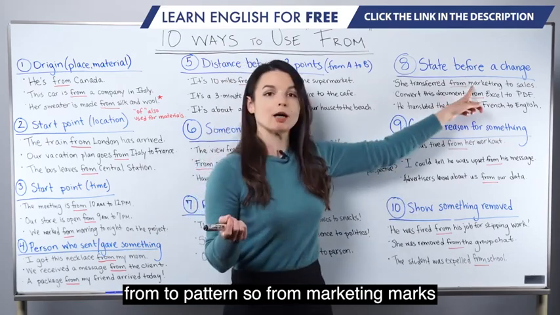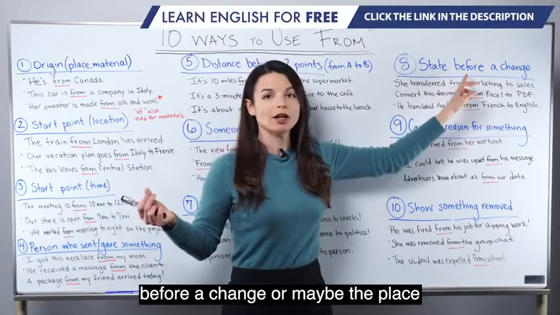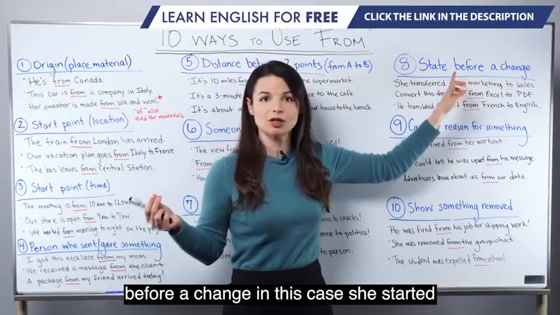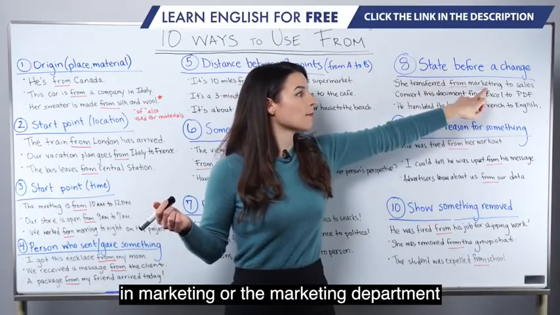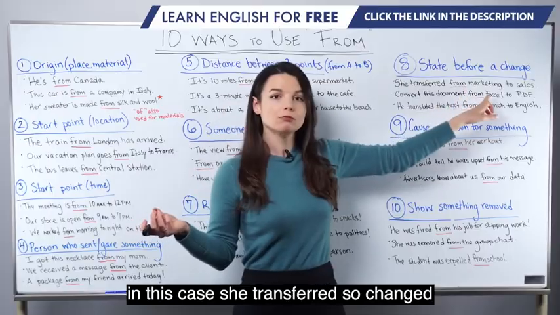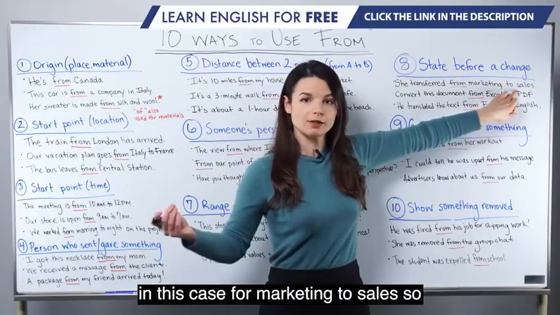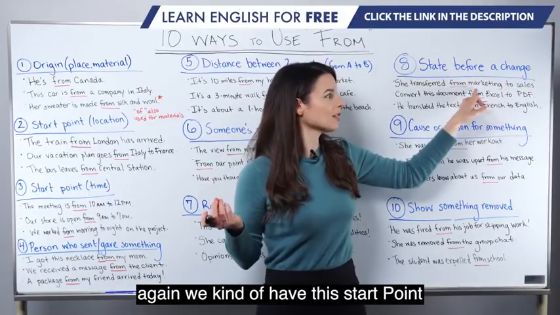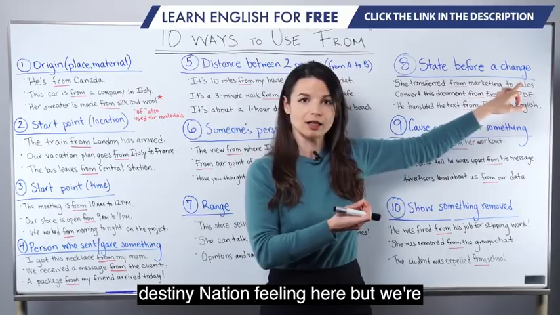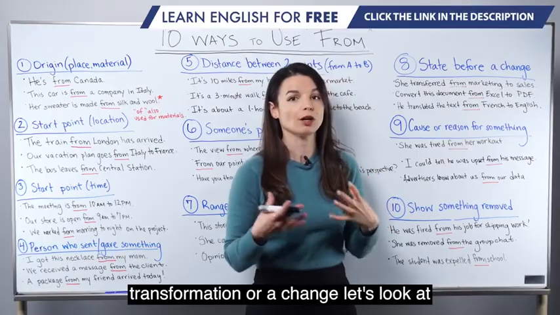So from marketing marks the place she started, the state before a change. She started in marketing, or the marketing department, and transferred, so changed, from marketing to sales. So again, we have this start point, destination feeling here, but we're using it to talk about a transformation or a change.